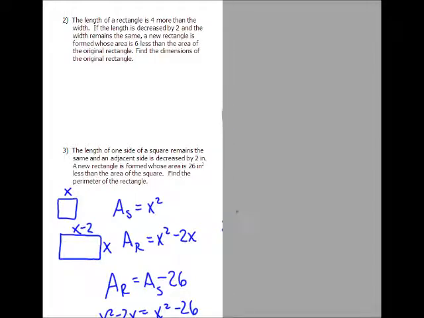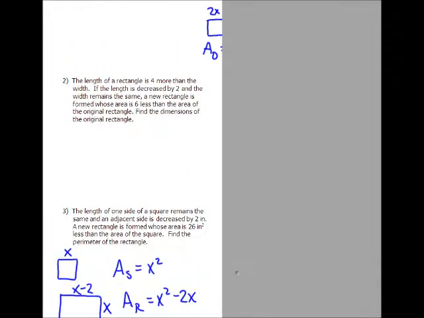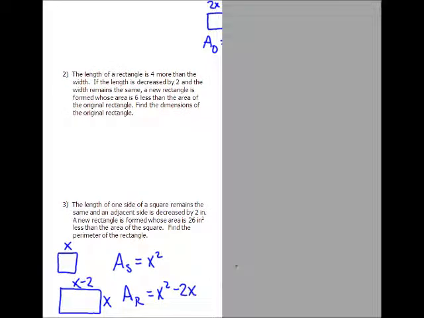So for number 3, basically what I did here is I said that I had an original square with a side length of x. And to get a new rectangle, I have the same width, but I decrease my length by 2. So it's actually not drawn to scale, shall we say. All right, so the area of the original square is x squared. The area of the rectangle is x squared minus 2x.